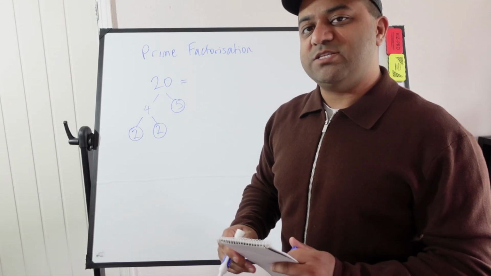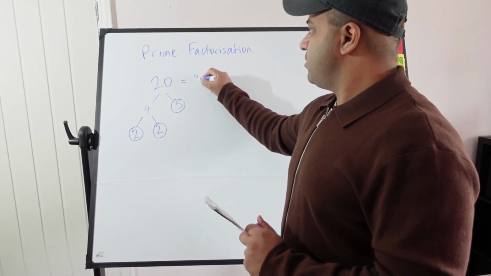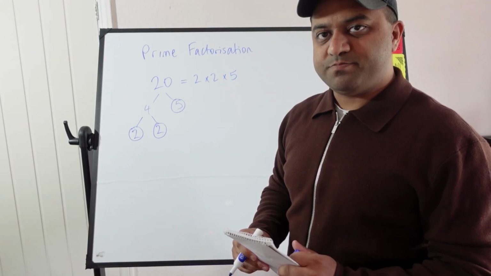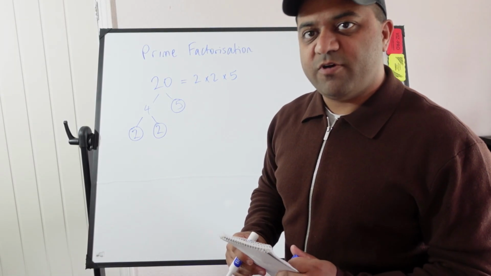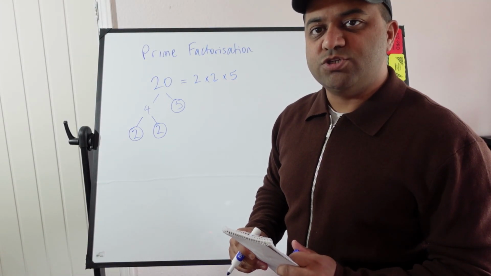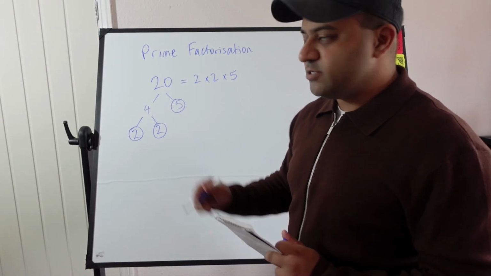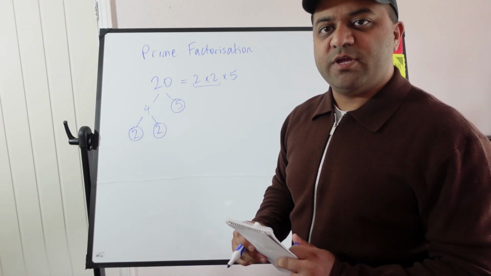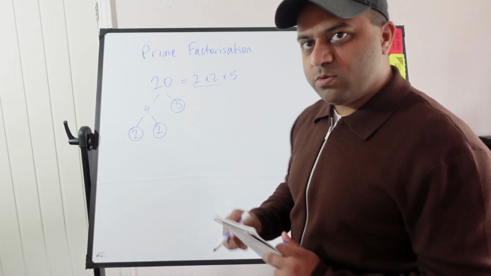So the number 20 can be written down as 2 times 2 times 5. And it can be further simplified into 2 squared times 5, since 2 multiplied by itself is 2 to the power of 2.